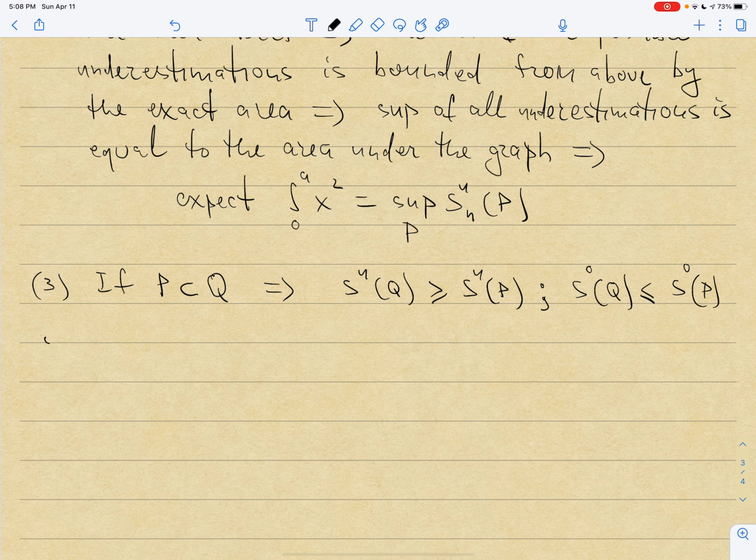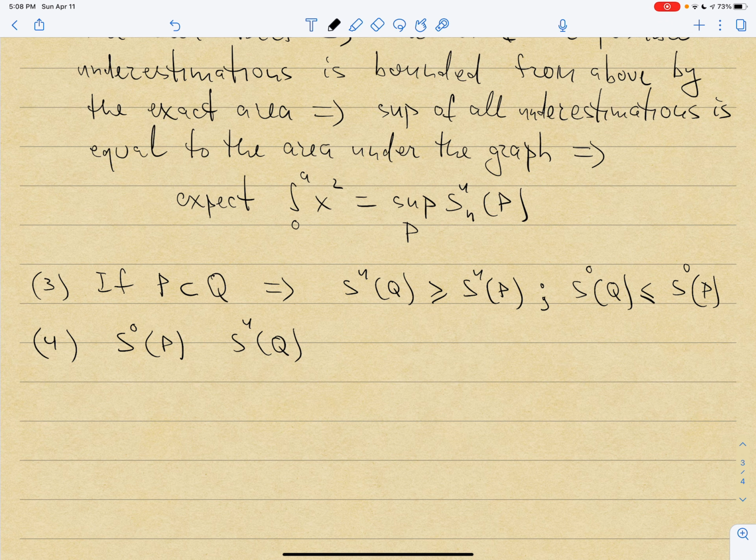Number 4: if I consider an overestimation of the area using, let's say, partition P, and I consider an underestimation of the area by using any partition Q, can I say anything about this?